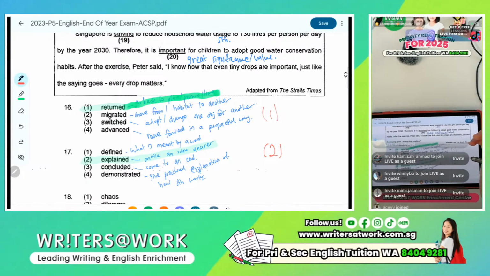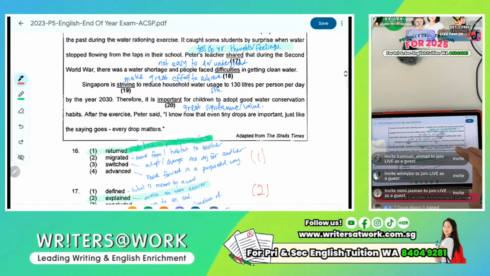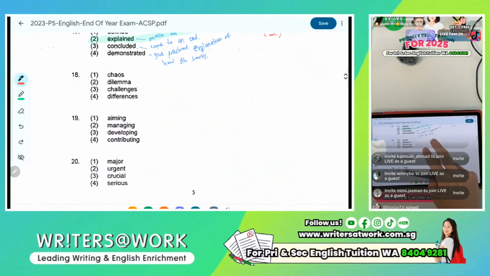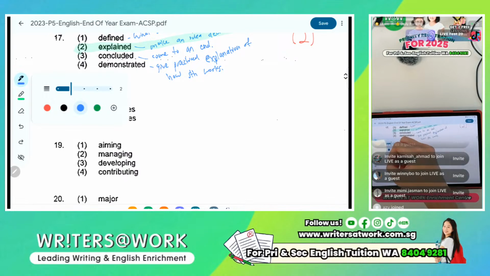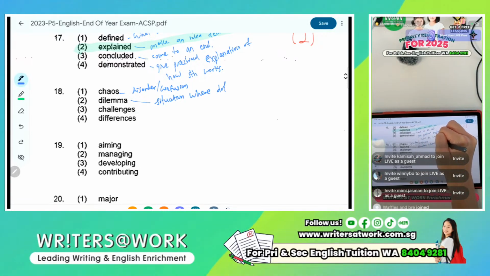Moving on, let's take a look at question 18, which is difficulties. This means something is not easy to do or understand. First option here is chaos. Chaos here means that there is disorder or confusion. Next, we have dilemma, which means a situation where difficult choices need to be made.